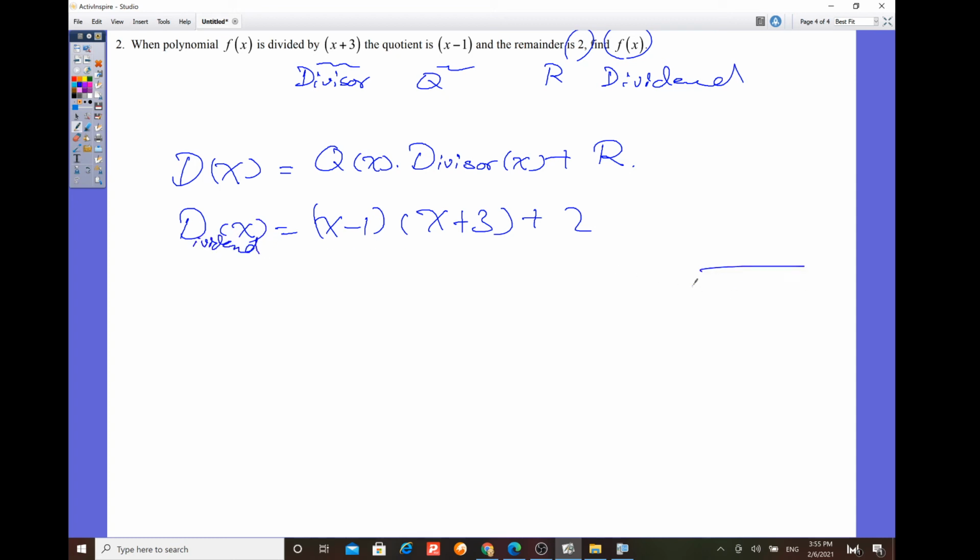And for those of you not believing this, this can be said as the dividend divided by the divisor. It's always considered the quotient. And then once you subtract, you'll get the remainder. So imagine the mixed number.